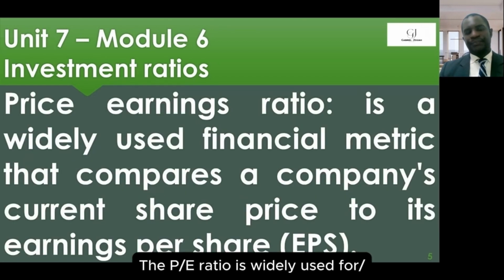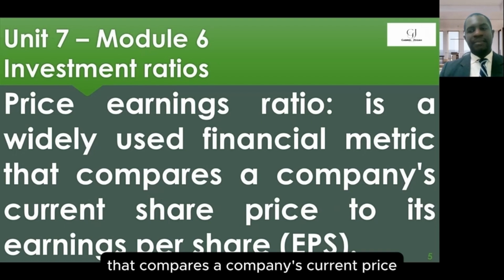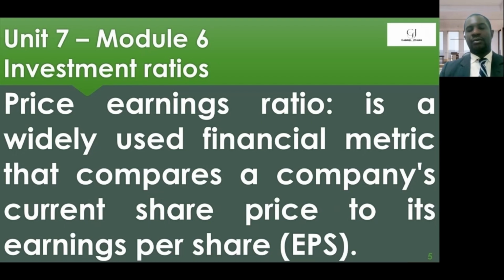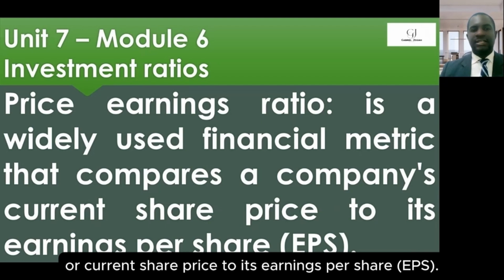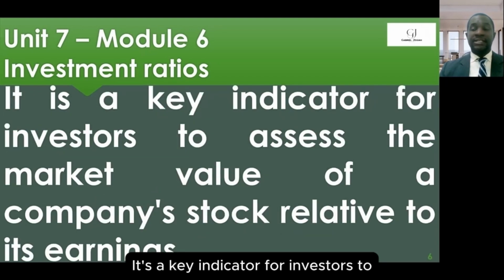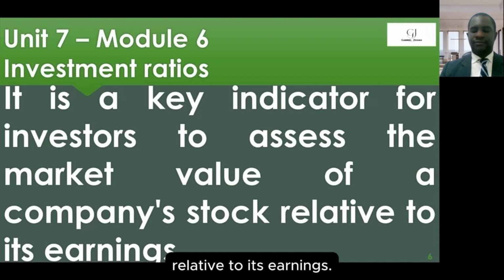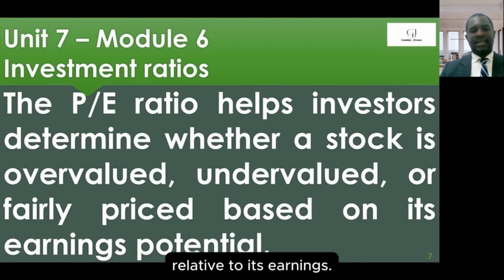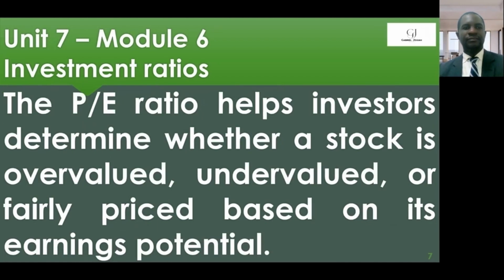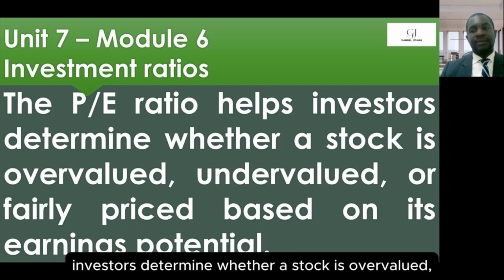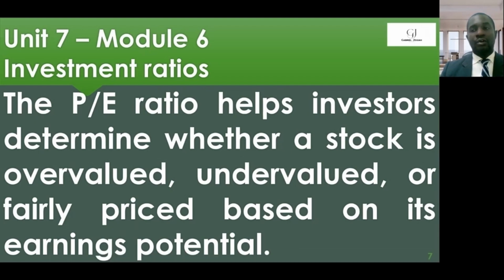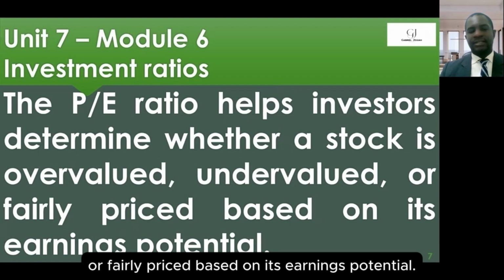The PE ratio is widely used as a financial metric that compares a company's current share price to its earnings per share. It's a key indicator for investors to assess the market value of a company's stock relative to its earnings. It also helps investors determine whether a stock is overvalued, undervalued, or fairly priced based on its earnings potential.